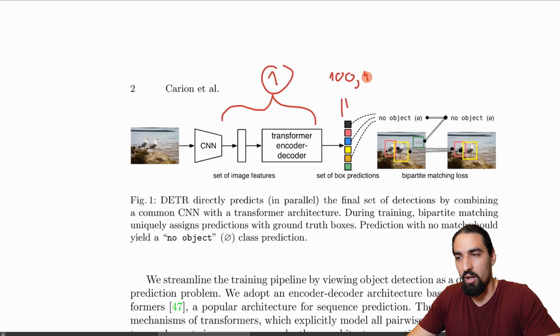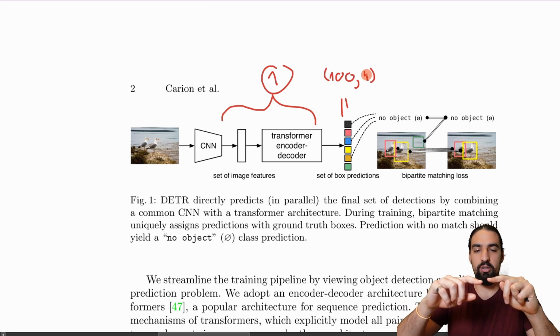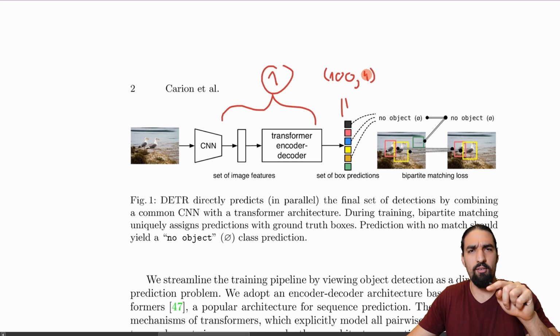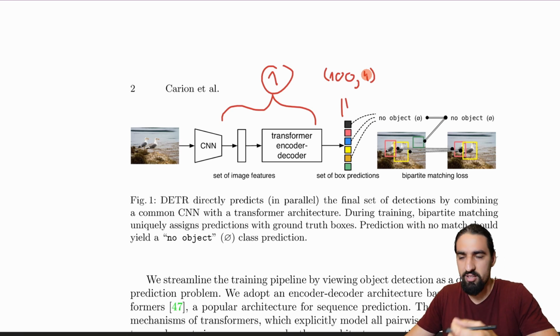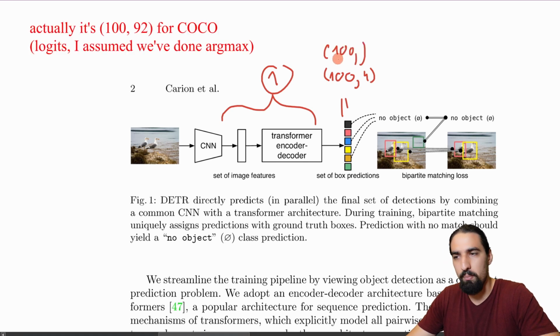One is going to be 100 by 4, that's our bounding boxes. Obviously, the four numbers are enough to describe the actual bounding box. The format is, I think, first the center point coordinates x, y, and then the height and the width. But that's less important. The second vector that the model will output is of size 100, containing the classes of those associated bounding boxes here.